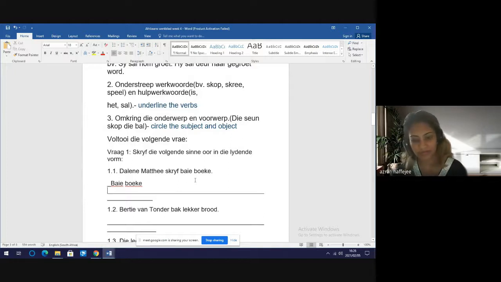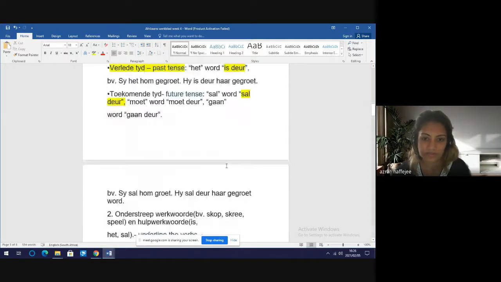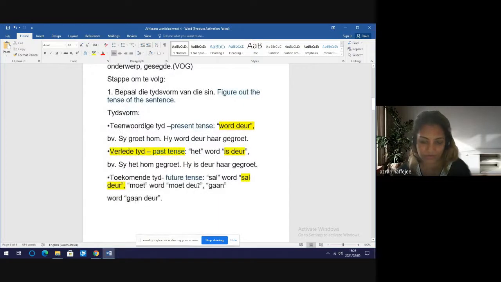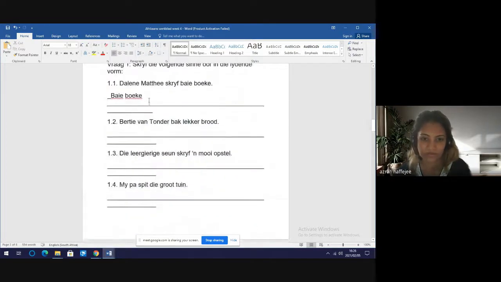It does not have a ge. There's no sal in the sentence. This tense would then be the present tense, which we know to be the teenwoordige tyd. So because we are looking at the present tense, we need to use word deur. So the word word deur now is going to come immediately after the subject. Right, so baie boeke word deur, then you can include the rest of the sentence.